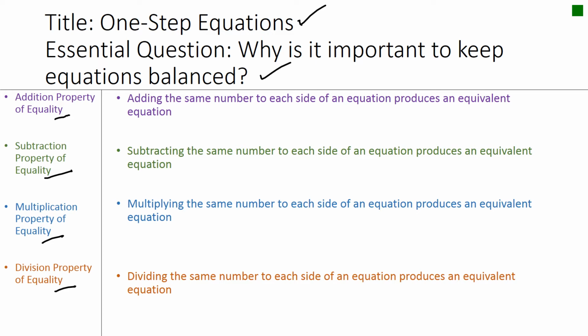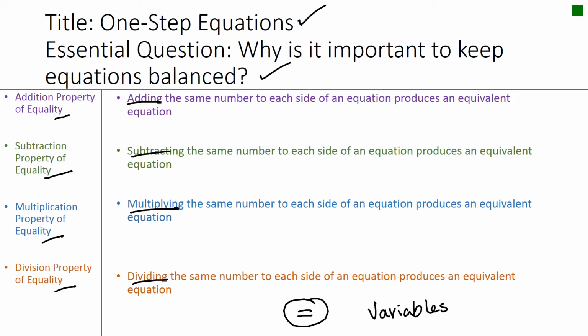So to sum up what the addition, subtraction, multiplication, and division properties of equality say: if you add, subtract, multiply, or divide on one side of the equation, remember equations always have equal signs and they always have variables, and variables are the ones like x, y, a, b, c.